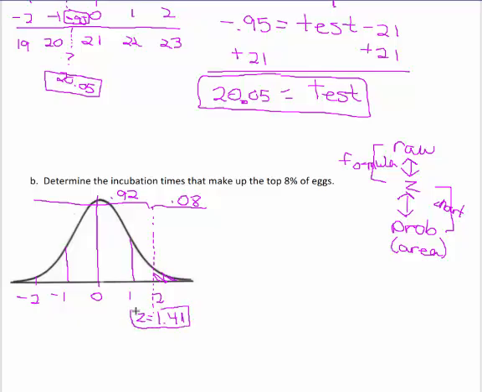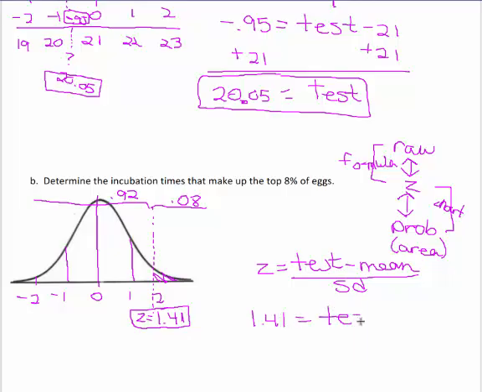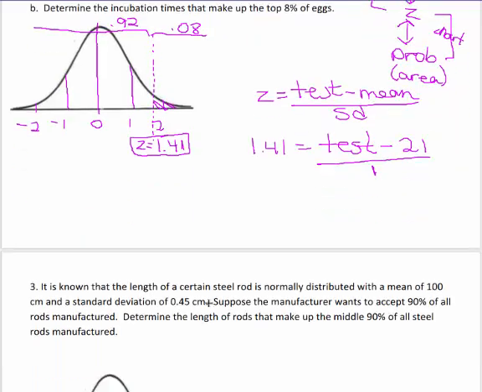Okay, and so we're sort of in limbo right now in our little chart over here, because we've gone from the area or the probability to the Z, and now we got to get that raw score. So how do we get from Z to raw scores? We use that formula. So Z equals test minus the mean divided by standard deviation. Okay, so my Z in this case is 1.41 equals whatever we're testing, minus 21 divided by, again, 1, which makes that problem actually really nice.